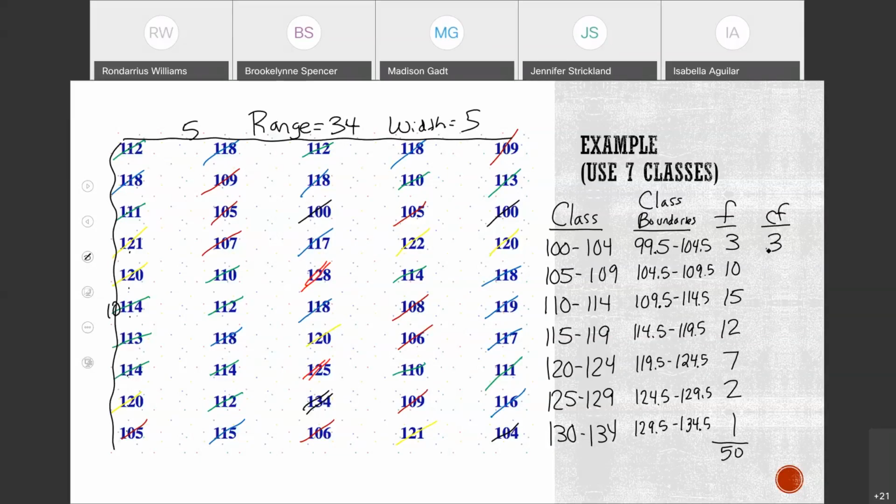Okay, now remember, running total. So I've got 3 numbers. When I move to the next class, I'm picking up 10 more, which makes the total 13. When I go to the next class, I'm picking up 15 more, which makes the total 28. Then I pick up 12 more, which gives me 40.